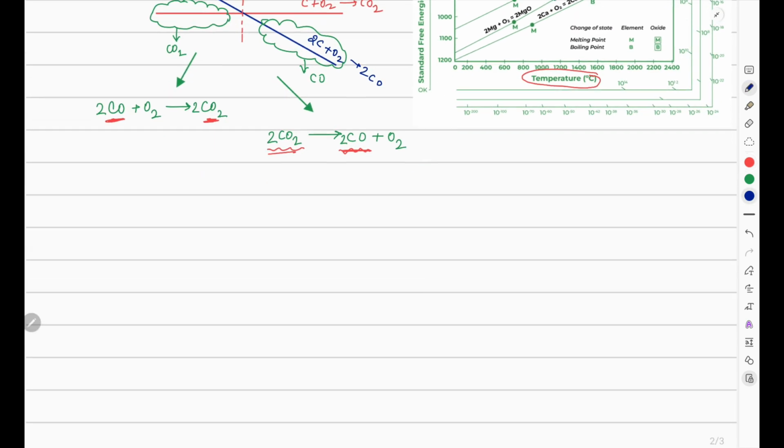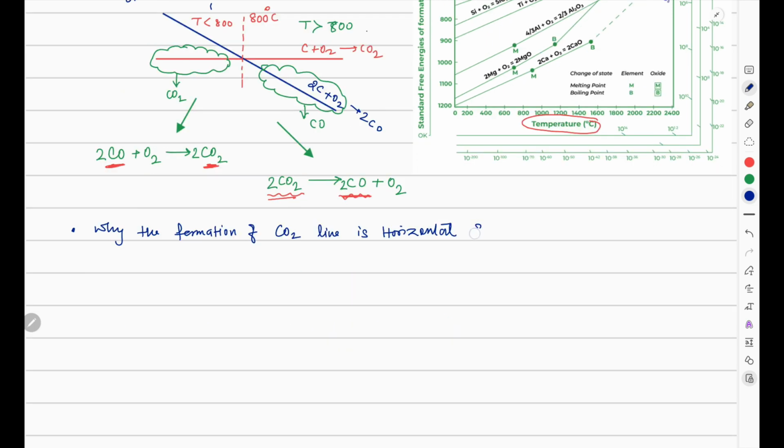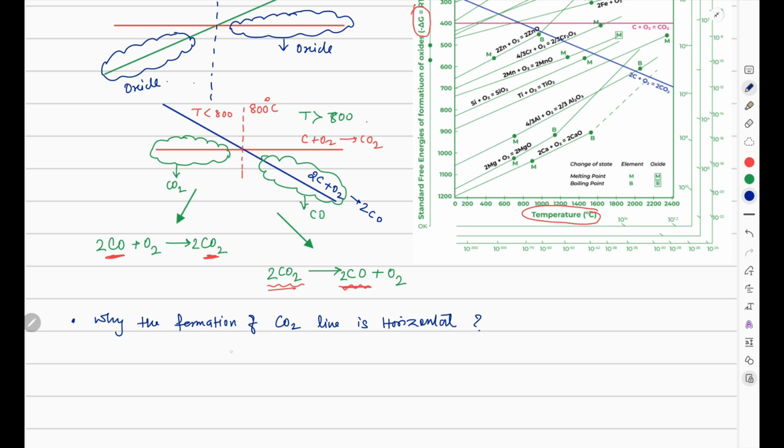Now there is one more concept that is frequently asked in the examination, that is why the formation of CO2 line is horizontal. For this question, we can write the reaction as carbon plus O2 gives CO2 gaseous. Carbon is solid phase.